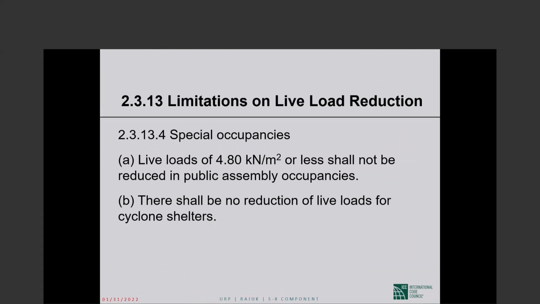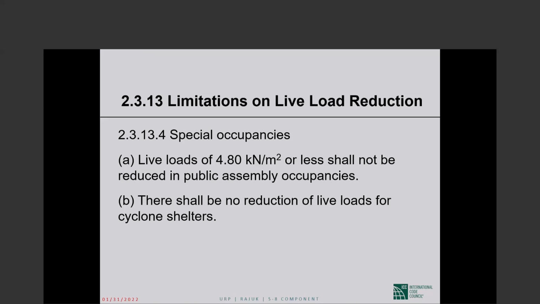Live loads of 100 pounds per square foot or less shall not be reduced in public assembly occupancies. So more than 100 pounds per square foot you cannot reduce anyway. If it is public assembly occupancy, then even less than 100 pounds per square foot you cannot reduce. And there shall be no reduction of live loads for cyclone shelters.